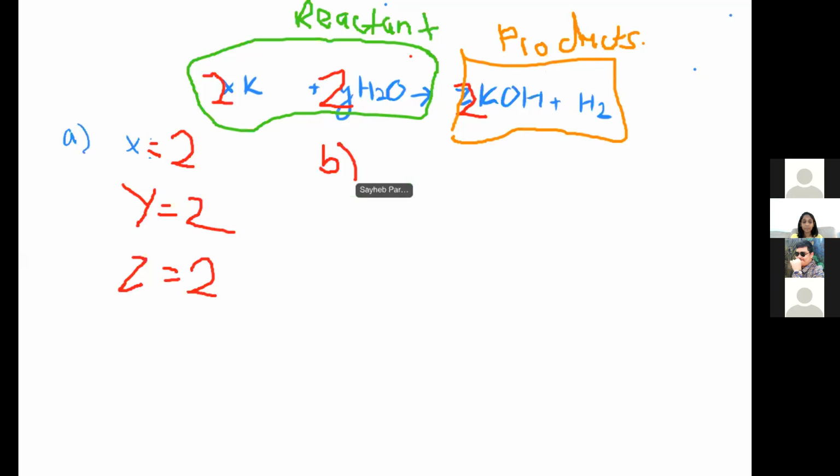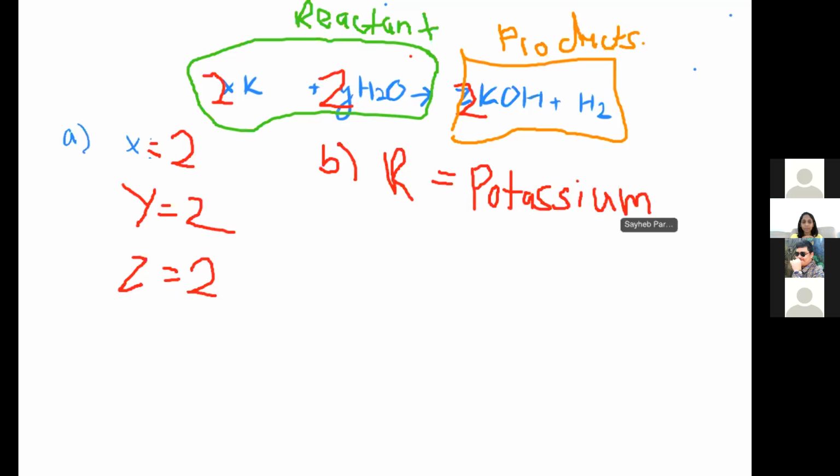For the reactant, I write the short form. You have to write in full, which is potassium and water, H2O, which you cannot write in chemical formula; you have to write in full.